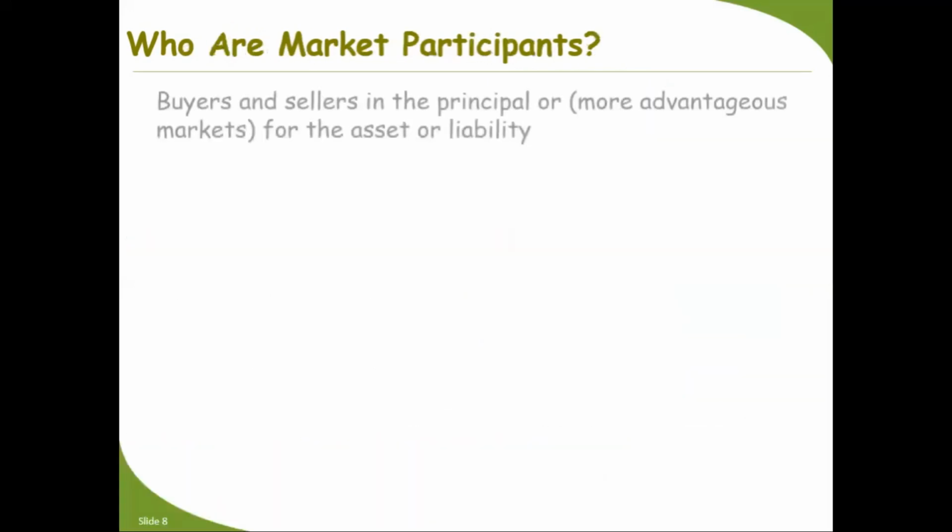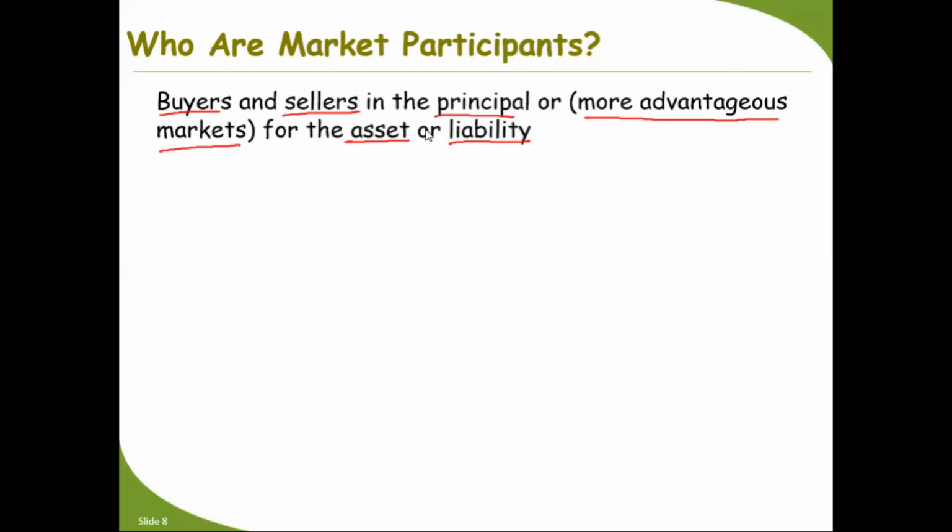Okay, who are market participants? Buyers and sellers in the principal or most advantageous market for the assets or liabilities. So all the buyers and sellers dealing either in the principal market or in the most advantageous market are considered as market participants.